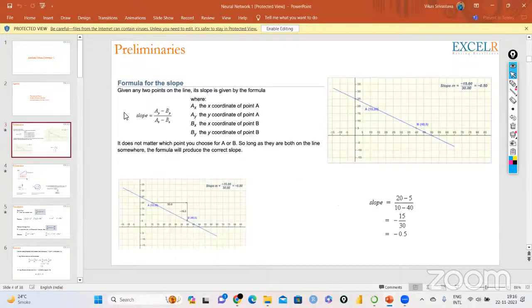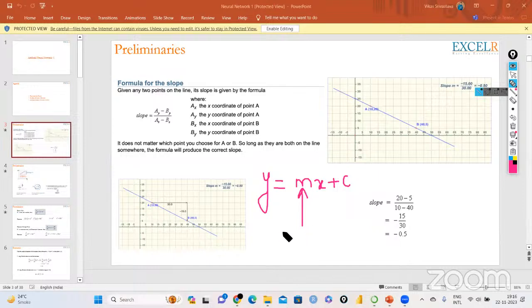So if I talk about the straight line equation, it is simply y = mx + c, right? Can you tell me what this m is? Right, it's the slope of the line. And how is this slope calculated?